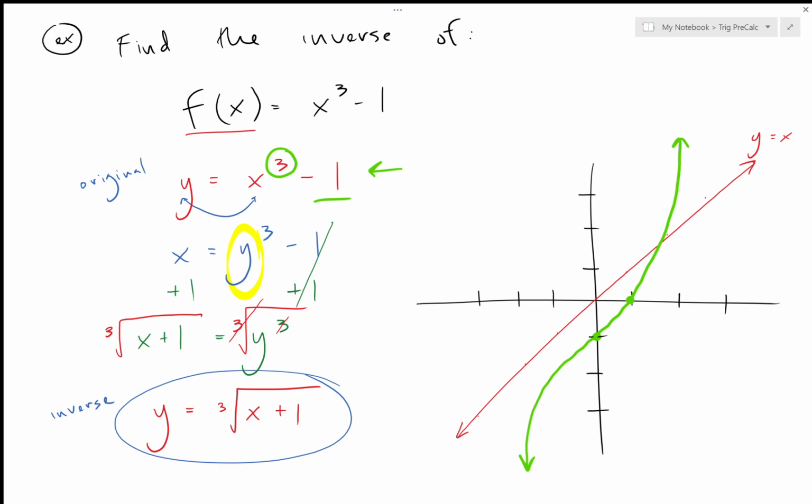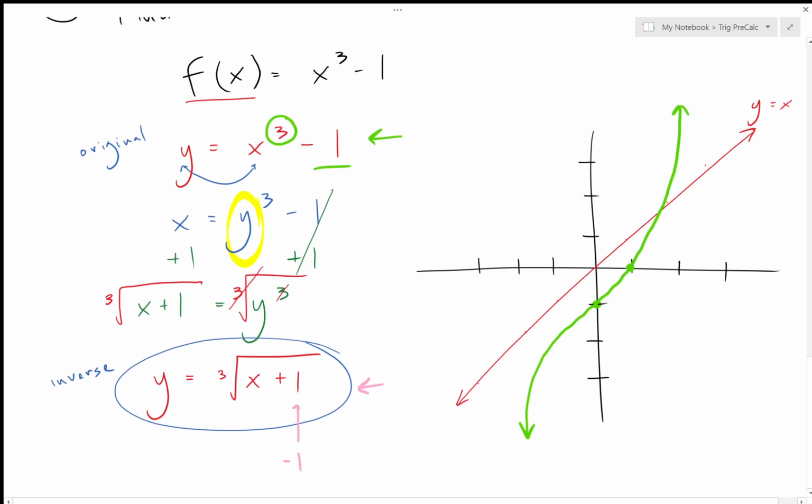We also want to be able to graph the inverse. Okay, I'll do that one in pink. Cube root. Thinking back to our parent functions, cube root and cubed functions, they're very similar. It's still going to be that snake shape from low to high, but now cube root is laying off to the side. Now this does have a little bit of horizontal shifting. Okay, so remember we take this out of here, that's going to be a -1.